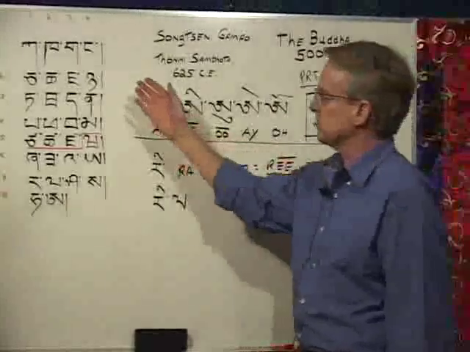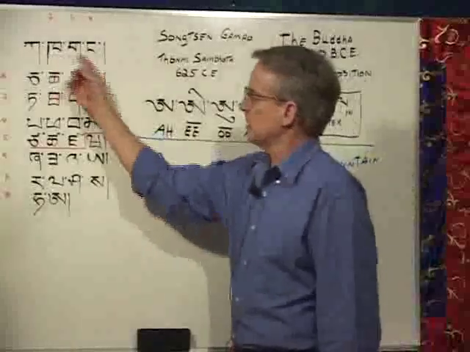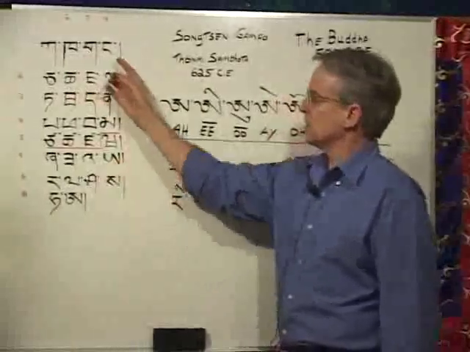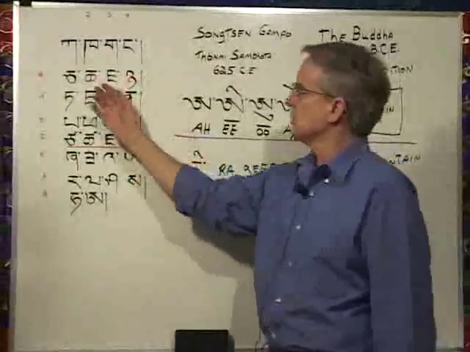The 30 consonants, again, it's very good to memorize them left to right and top to bottom. As I've mentioned, that's alphabetical order. So I'd like to recite them one more time at this point.